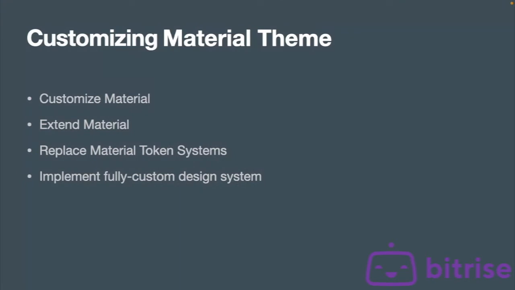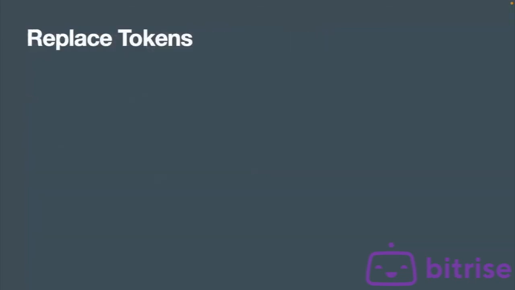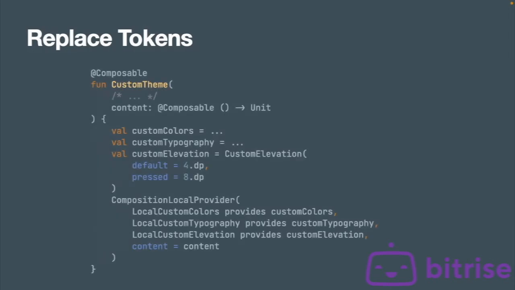Moving on, we talked about customizing and extending. We can replace material token systems. So to replace the token systems, let's say we have our custom theme. In this case, material has its tokens. It has primary, on primary, secondary, on secondary for colors. It has typography like H1, H2, all that kind of stuff.